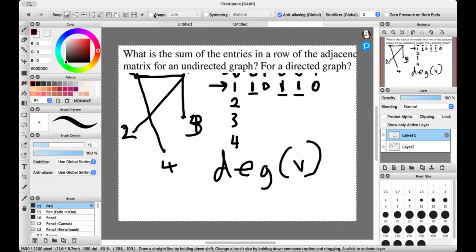And so when we are asking what is the sum of the entries in a row, we can choose one of the rows of 1, 2, 3, 4, and then count all the adjacencies, like 1, 1, 1. Yeah. So for any row that you choose, the sum in there should be equal to the degree of that vertex. Does that make sense?